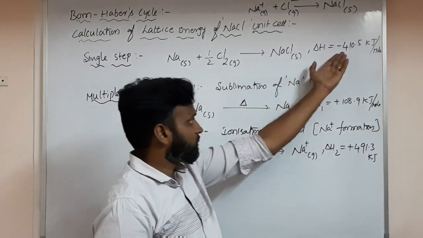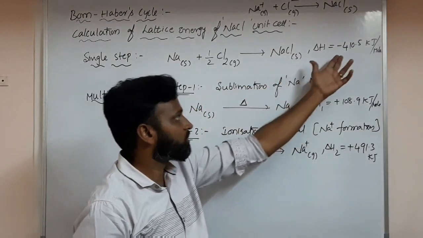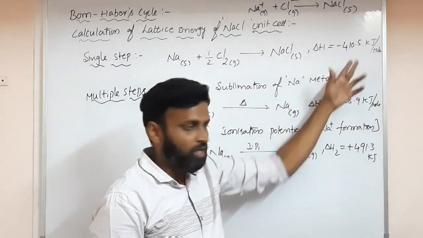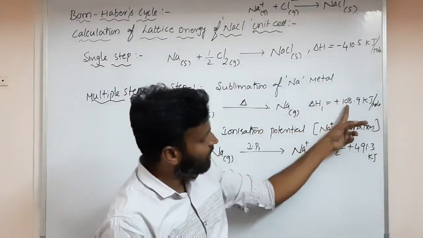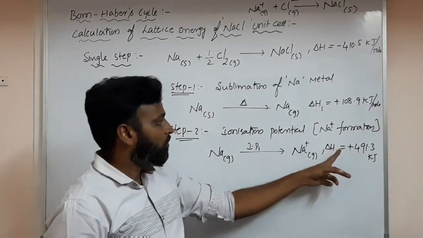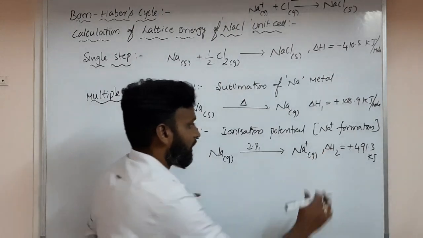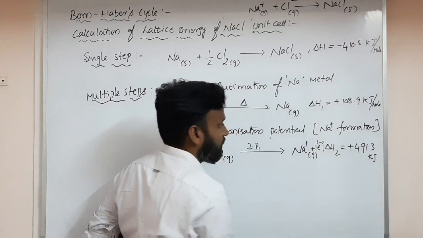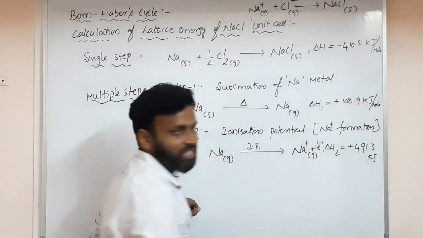This much energy is released when these combine. What can I do? It's a measurement. There is no formula. And this much energy is required to convert sodium solid into sodium gas. So we have to remember this value. When sodium loses an electron, Na plus and 1 electron, this much energy is required.